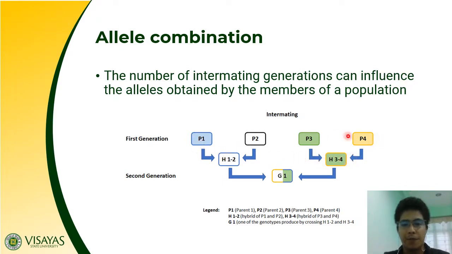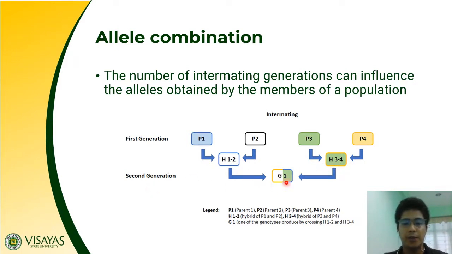After the first generation, if you want the members of the population to obtain the alleles of these 4 parents, then you have to cross the offspring of those 2 crosses. In the second generation, we cross 2 hybrids, hybrid 1-2 and hybrid 3-4.